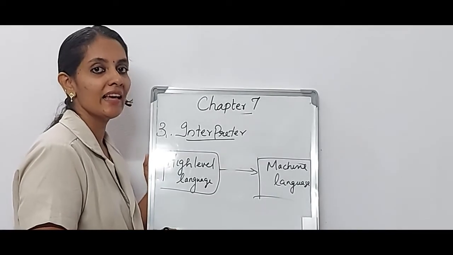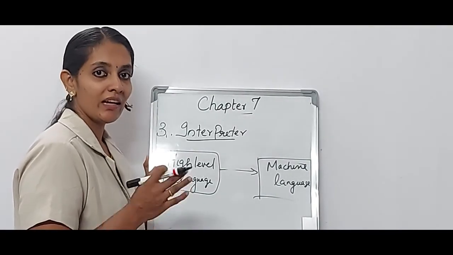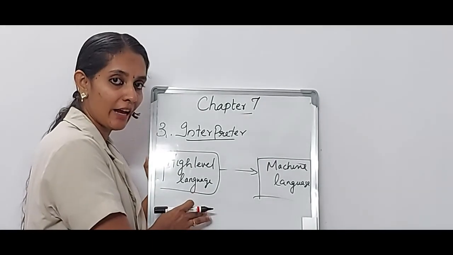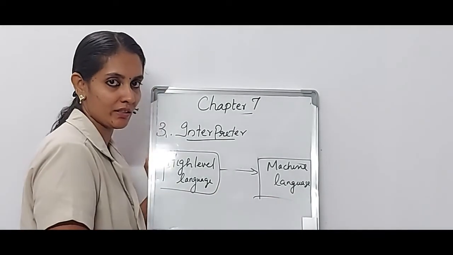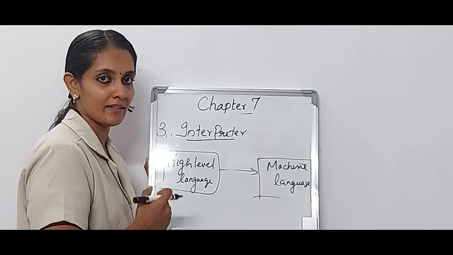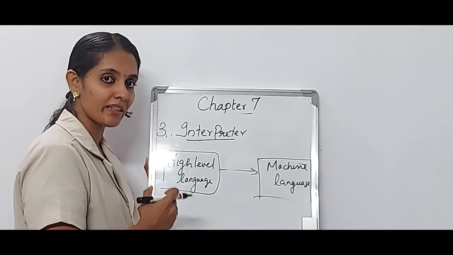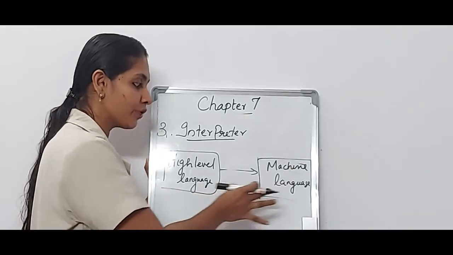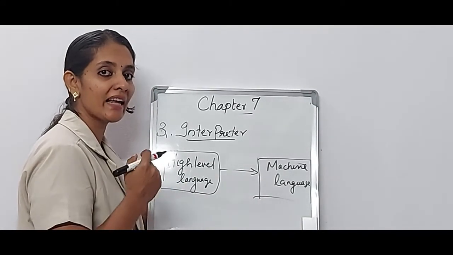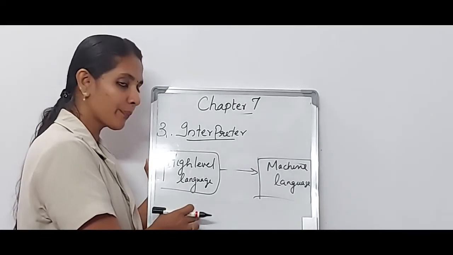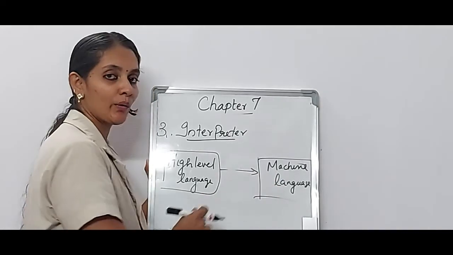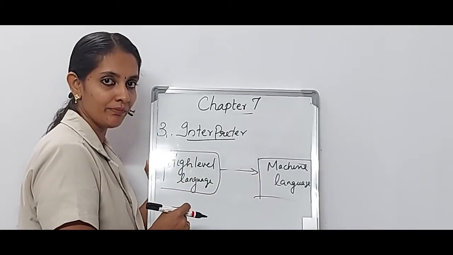The next one is the interpreter. An interpreter also converts high-level language program into machine language. It is the same as what a compiler does. The only difference between compiler and interpreter is that the interpreter converts the source program into machine language one line at a time.